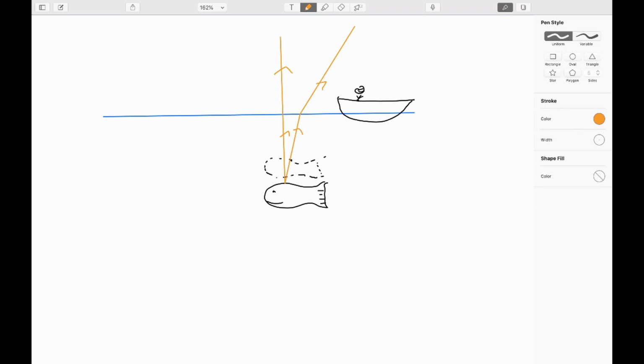Okay. Now if we track back where these rays seem to be originating from, this one just goes straight back. But if I look here, it seems like this ray here is originating at the head of the fish. So if you were to look down from above and look at the fish, the light would all be seeming to be coming away from a point a little higher up.